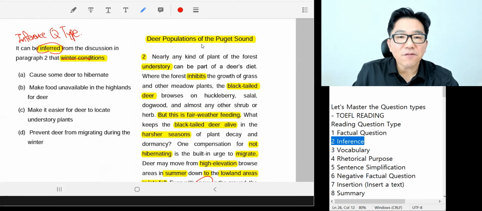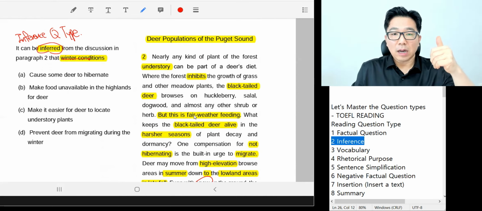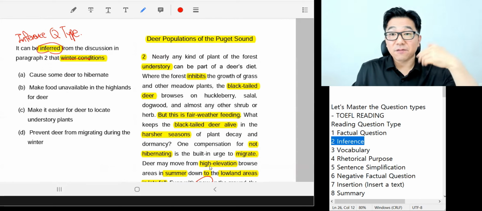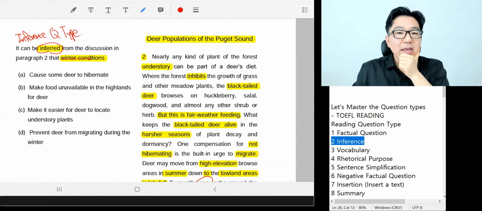So what information is here that we can make some inference about winter condition? Okay, so you're not going to get enough food unless you migrate from high elevation area. So winter condition, black-tailed deer will not have enough food source to survive in high elevation area.